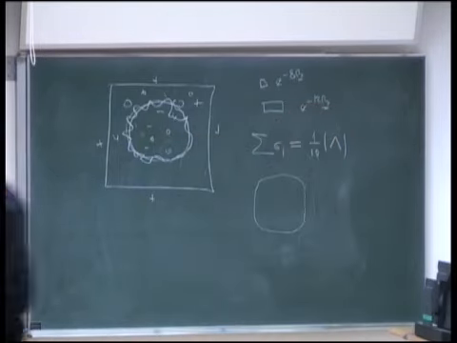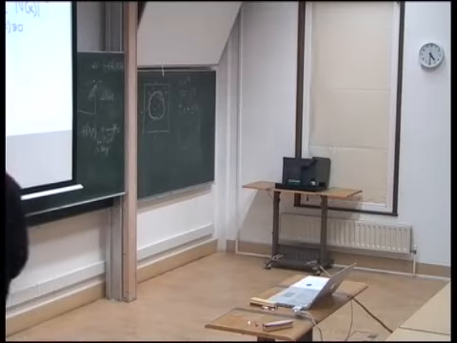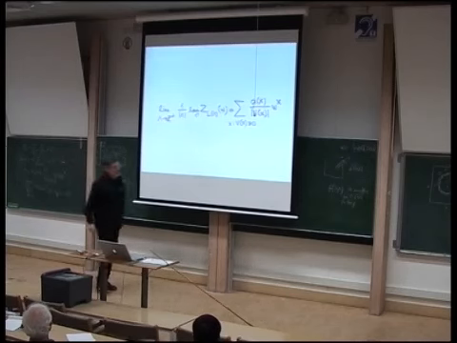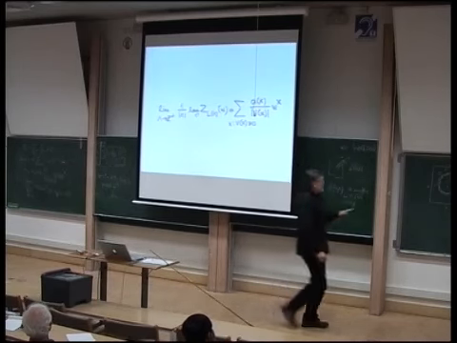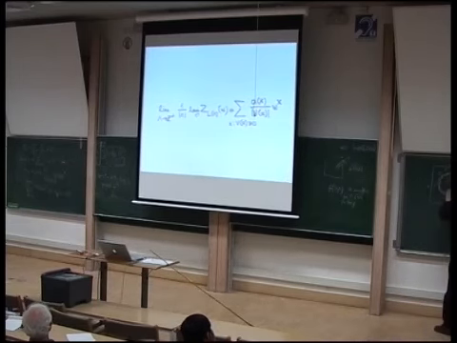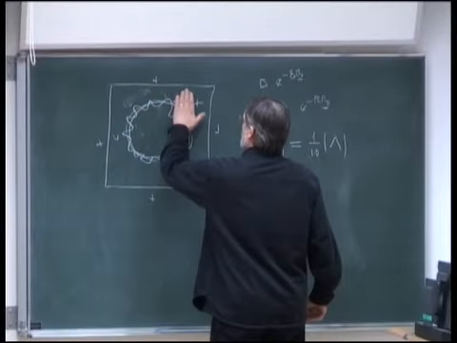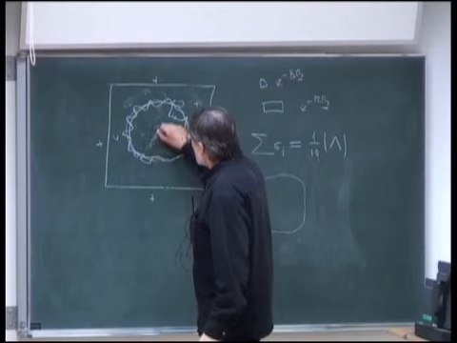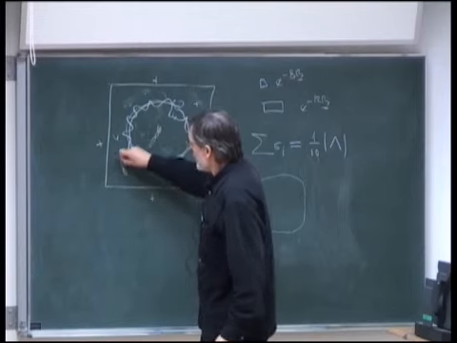Having cluster expansion, I have an explicit formula for the partition function in any volume. I can use this formula, and I can forget about the gas of contours outside and inside, and replace it by some clusters here and there.